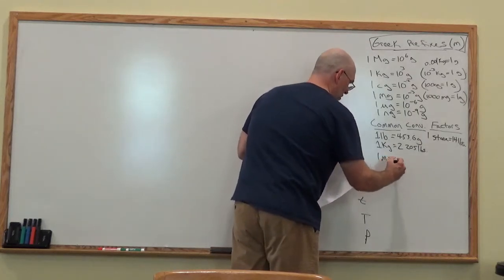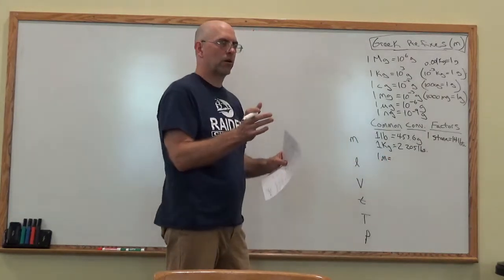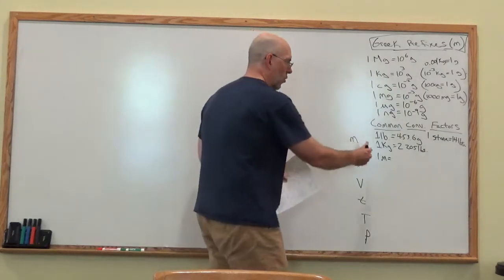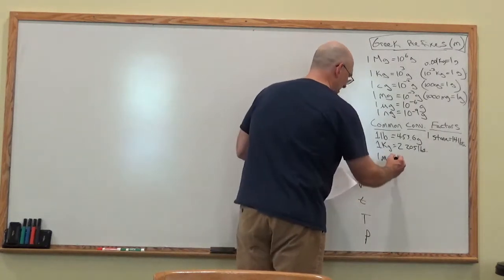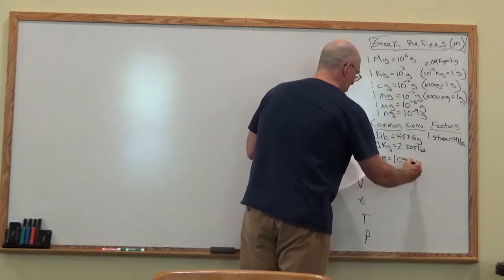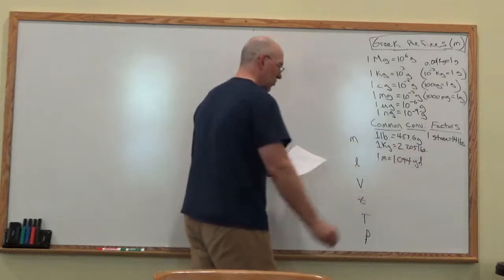Well, you all know that a meter is a little bit more than a yard. So if you're going to make a conversion factor, 1 meter is going to be slightly more than 1 yard. It's actually 1.094 yards to make those two equivalent.